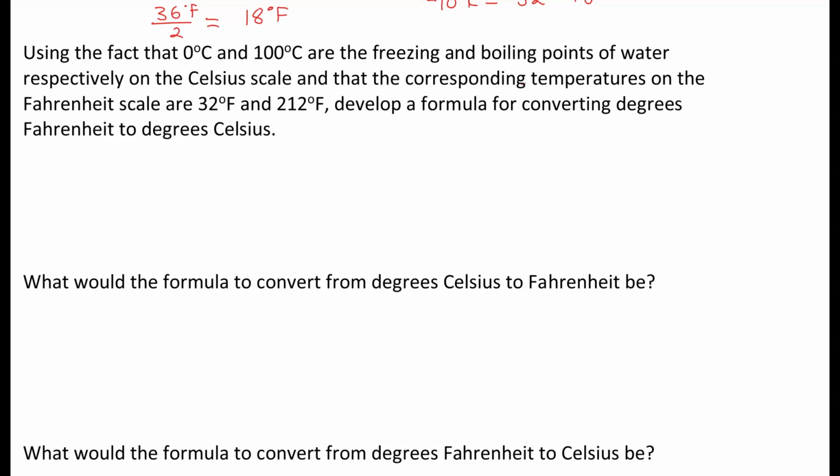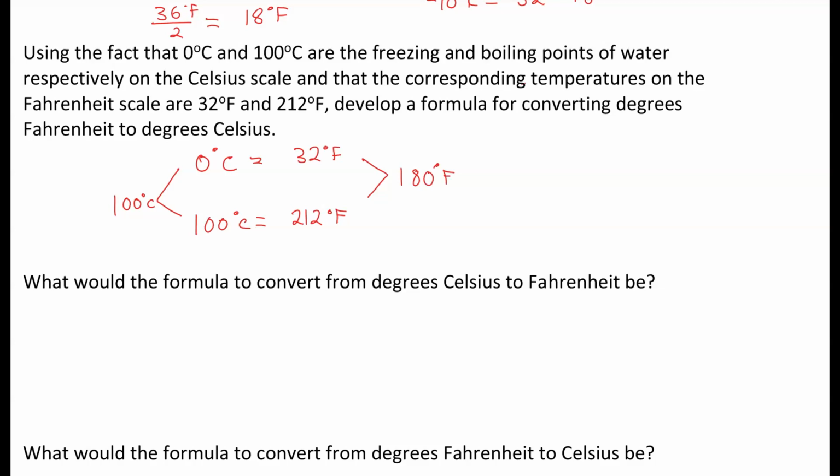So, based off of 0 degrees Celsius equaling 32 degrees Fahrenheit and 100 degrees Celsius equaling 212 degrees Fahrenheit, we have a difference in Celsius of 100 degrees, and we have a difference in Fahrenheit of 180 degrees.